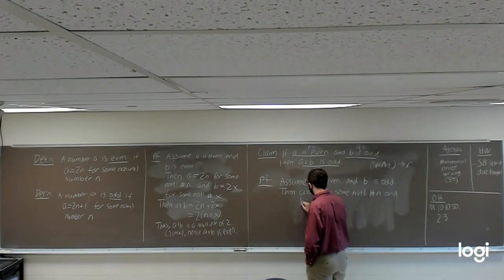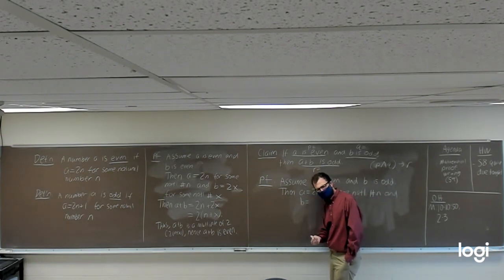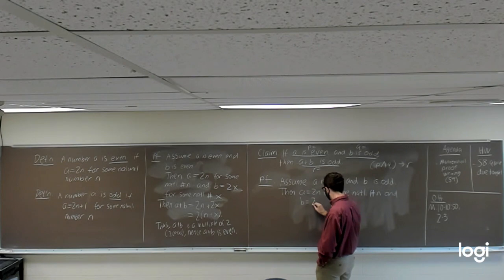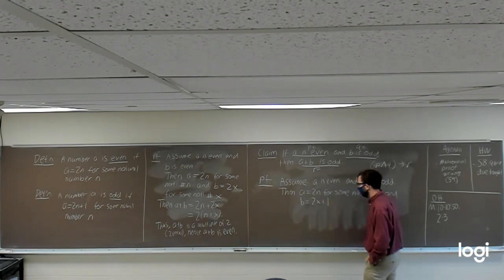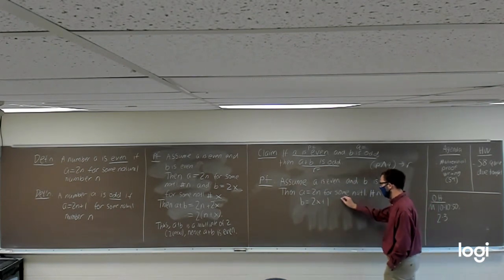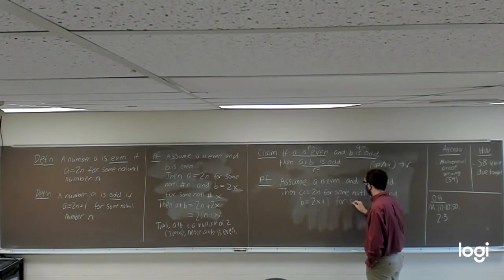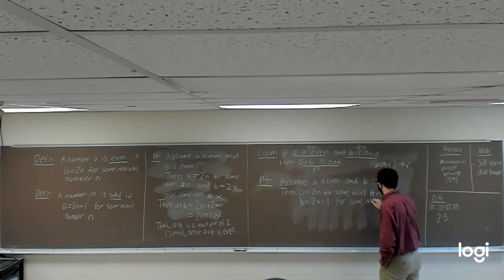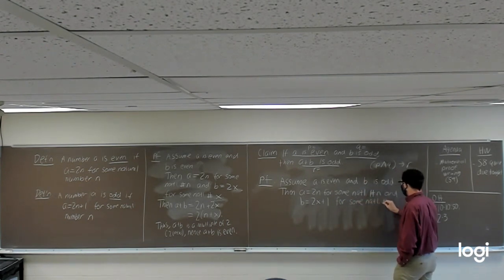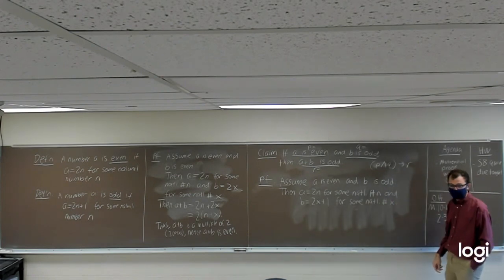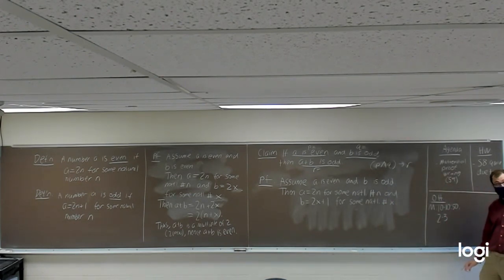And B is equal to, you want to use 2x plus 1? That's what I do. Works for me. And B is equal to 2x plus 1 for some natural number x. Here again, we're just plugging in our definitions for what it means for A to be even and for B to be odd.